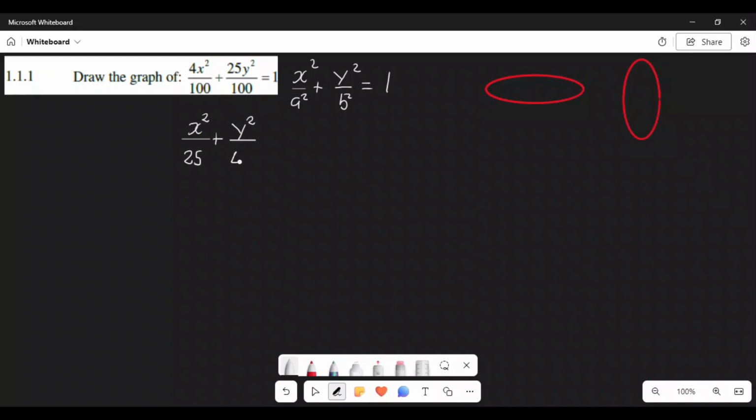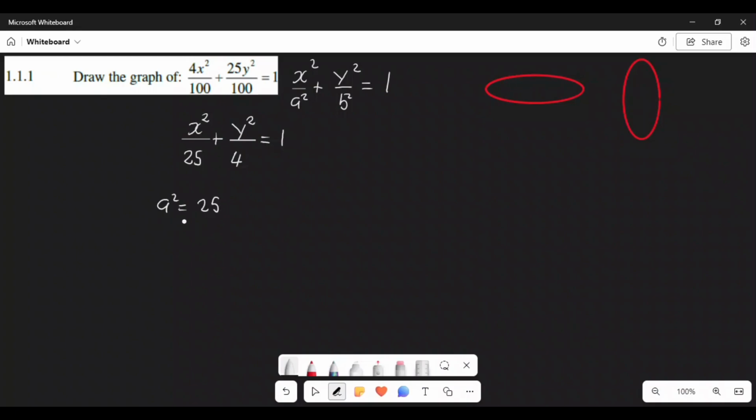This is equal to 1. As you can see now, look at the general formula. We have x squared divided by a squared, so here our a squared is 25.